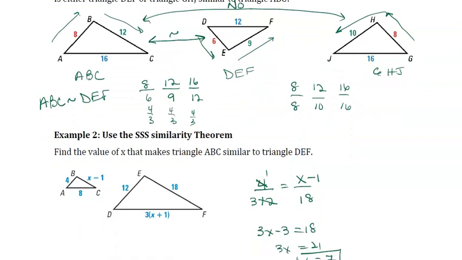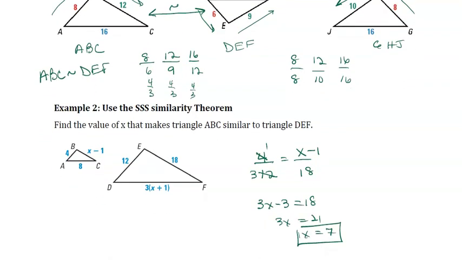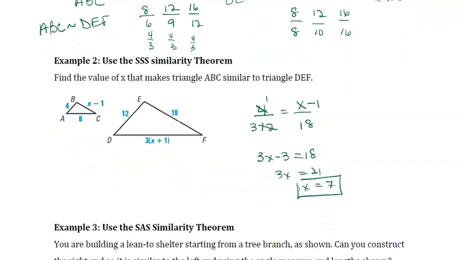Okay, so let's keep going. It says use the SSS similarity theorem here. Now, they say find the value of x that makes triangle ABC similar to triangle DEF. They give us the order, so the orientation is the same, ABC, DEF. So start doing your proportions. 4 is AB. You can't say smallest because I don't know what this is.